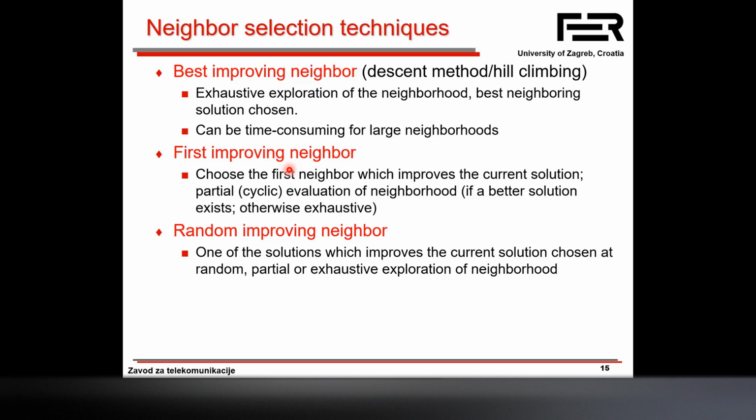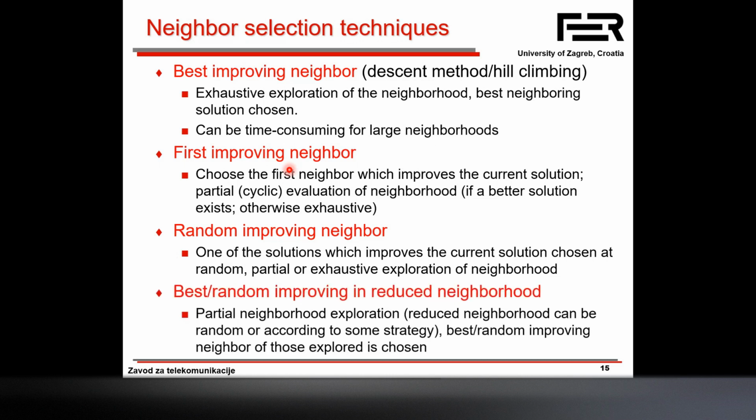So that could be one solution, which also can help us to avoid, let's say, getting stuck in certain locally optimal solutions. The best or the random improving solution in a reduced neighborhood: again, we reduce the neighborhood according to some strategy, so we only partially enumerate the neighborhood, and then we find either the best or a random improving neighbor. So these are just various combinations of different neighborhood selection techniques.